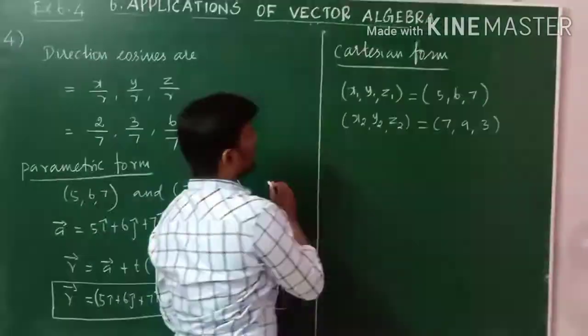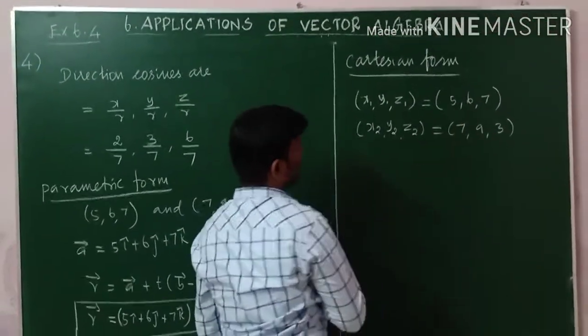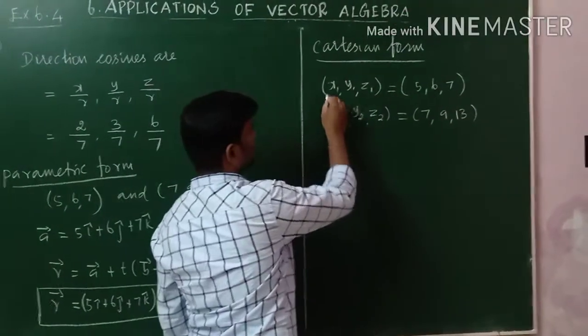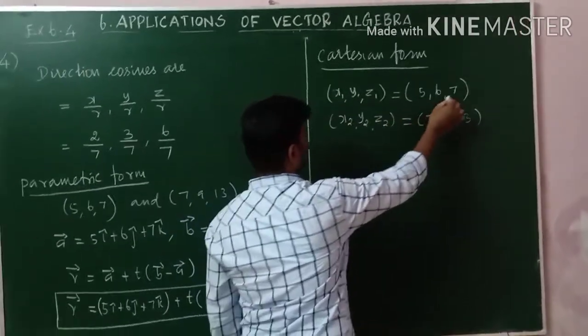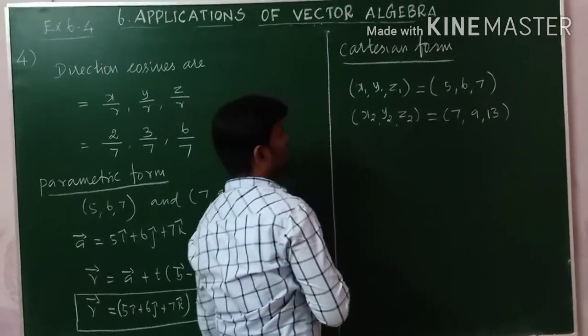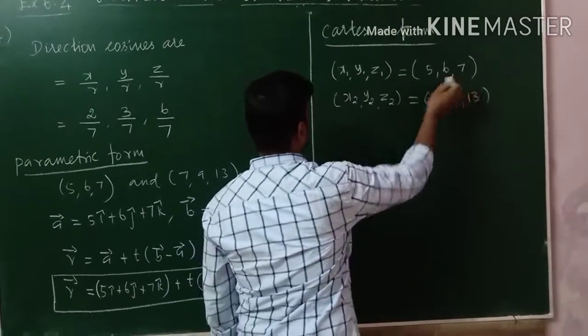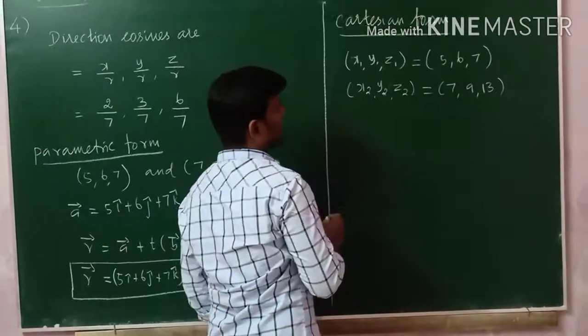Now the Cartesian form of the straight line passing through the 2 points (5, 6, 7) and (7, 9, 13). The first point we take as x1, y1, z1 as 5, 6, 7 and the second point as x2, y2, z2 as 7, 9, 13.